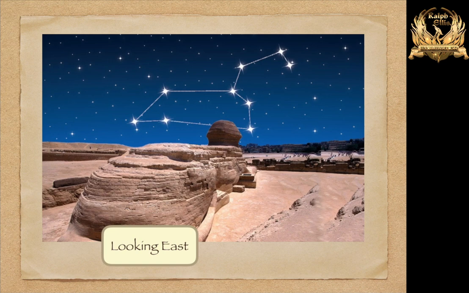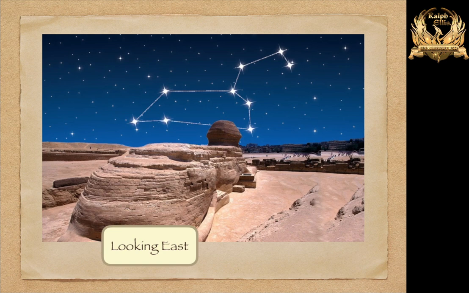So it not only makes the celestial pole spin, it also changes the constellation that rises at the vernal equinox, the spring equinox. That is why Leo is looking east, looking at the constellations coming up over the horizon. It is precession watching. That is what the Sphinx is doing.